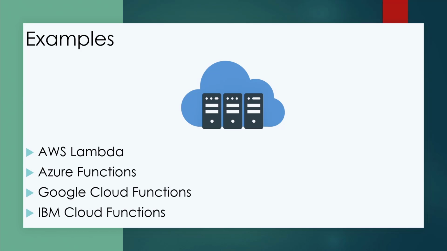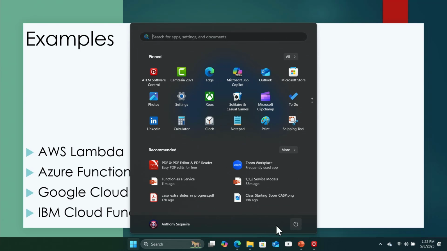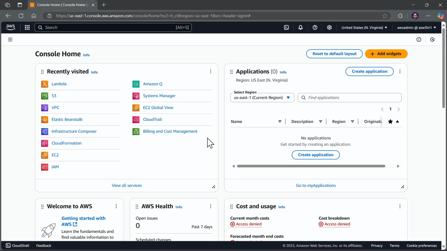So our cloud vendors are giving us function as a service repositories, if you will, in their clouds, but there are other cases in which they are pooling compute resources so that we don't have to worry about underlying server management.